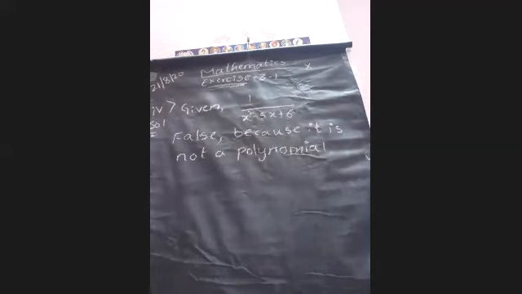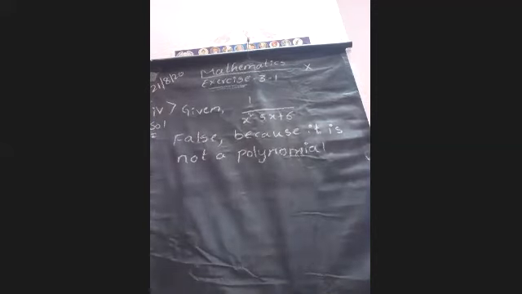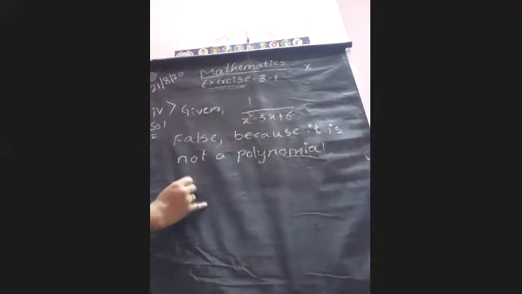Next, fifth question, what do they ask? The degree of a polynomial is more than the number of terms in it. We have to check the number of terms once. Here I will write one example. Take this example only.